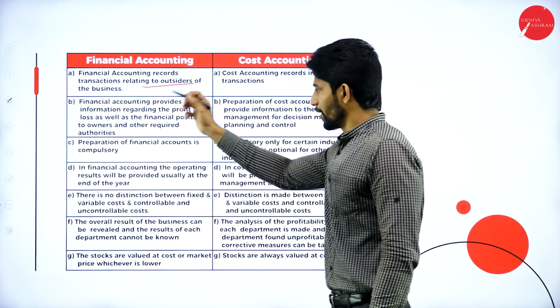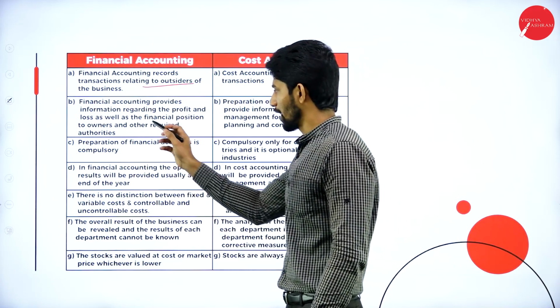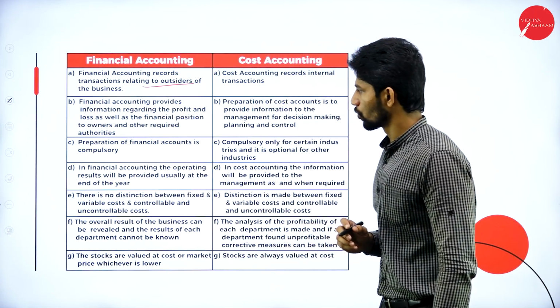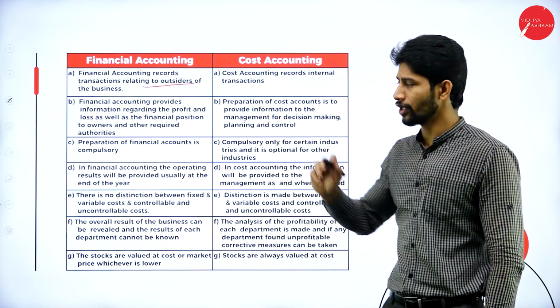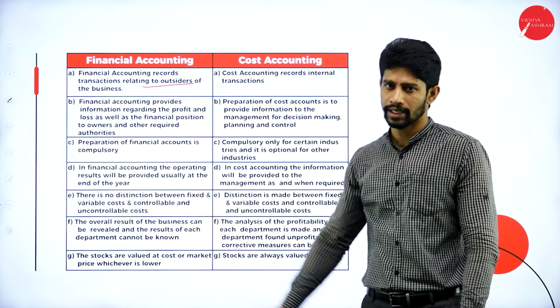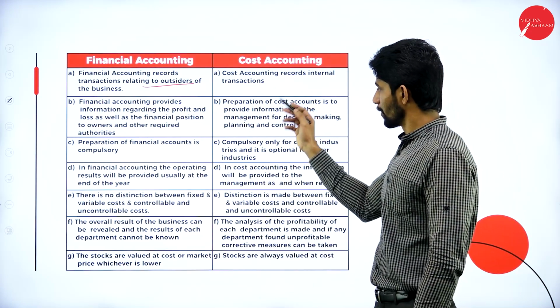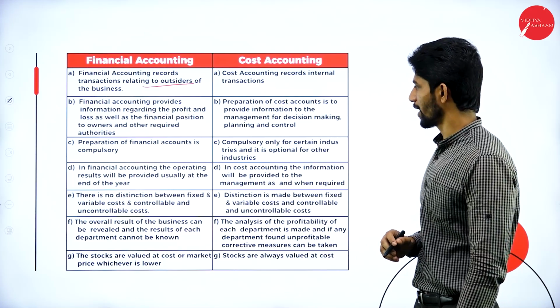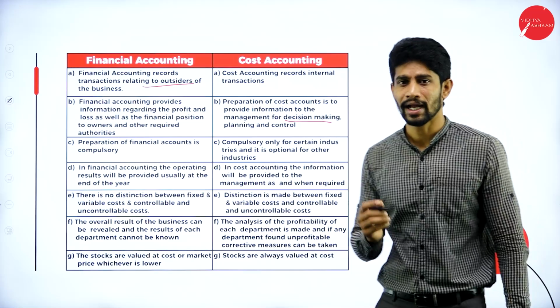Next one, financial accounting provides information regarding the profit and loss as well as the financial position to owners and other required authorities. But the preparation of cost accounts is to provide information to the management for decision making, planning and control.